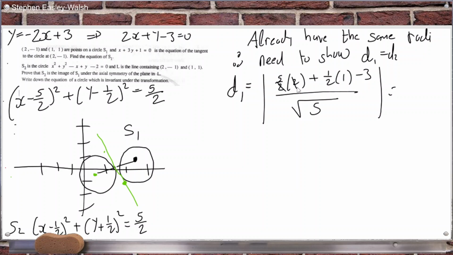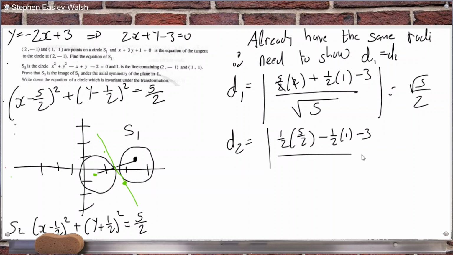So it's 5 minus 3 plus a half divided by root 5. So that's root 5 over 2. And then the second distance would be a half times 5 over 2 minus a half times 1 minus 3, all over root 5. So again, they cancel.